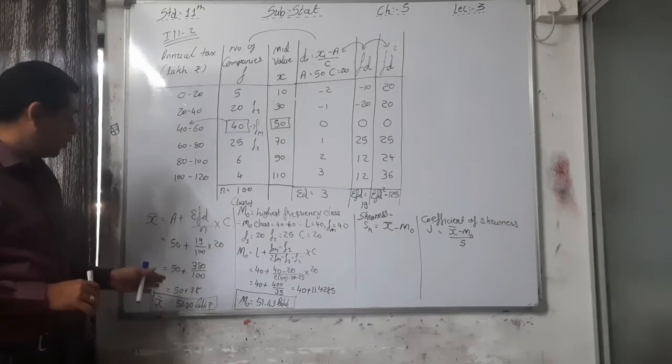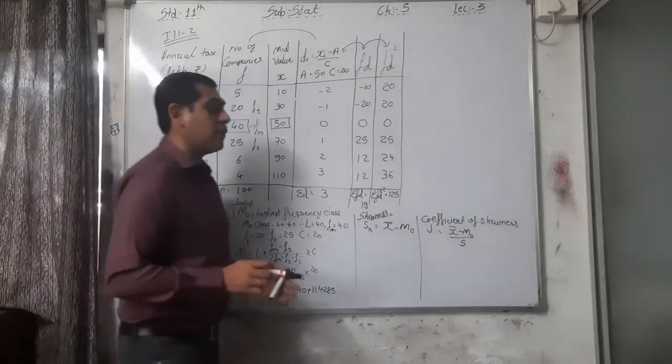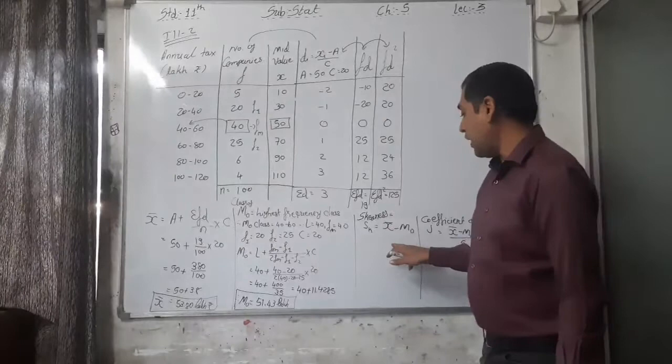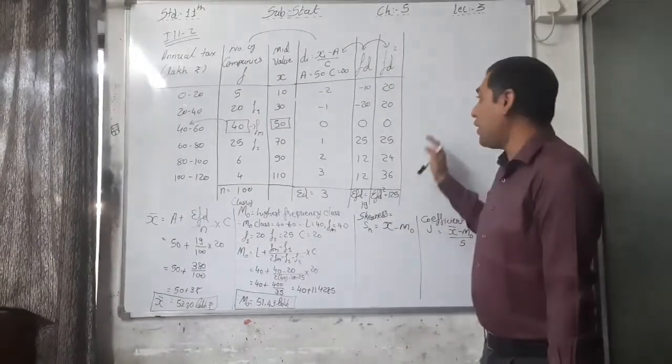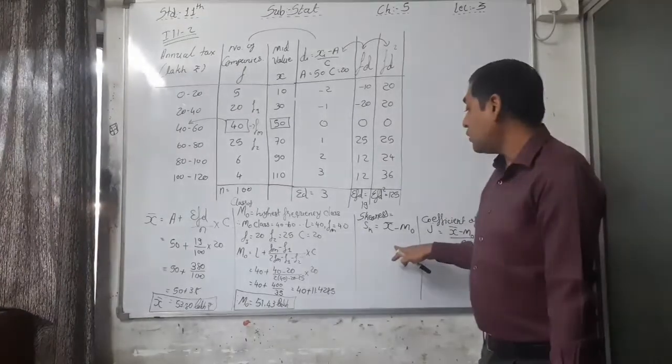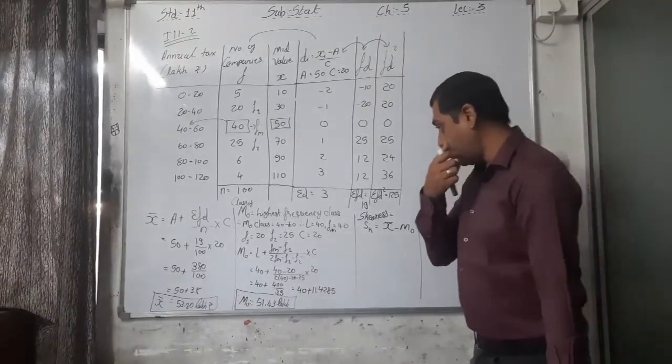Okay. Here first we find out the X bar, then we find out the mode. And see, we can find out the skewness, but first of all we are finding out the standard deviation, and then we can find out skewness and coefficient of skewness.